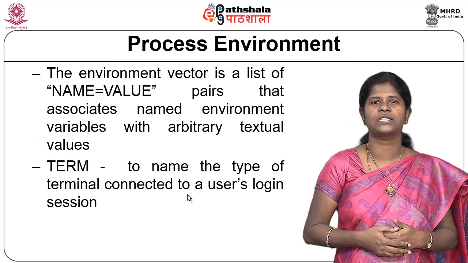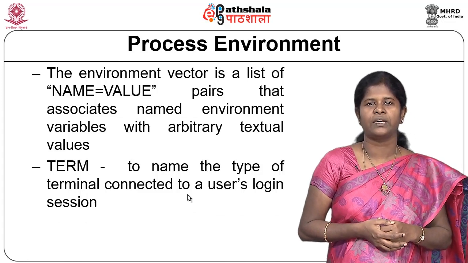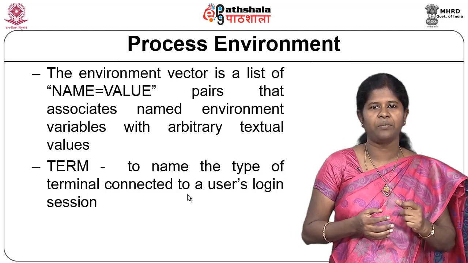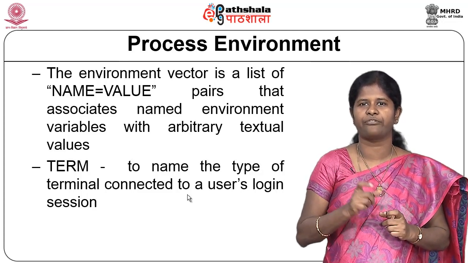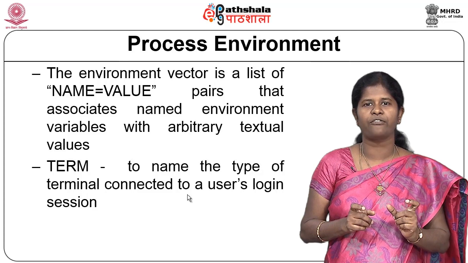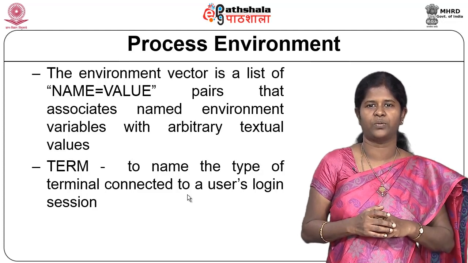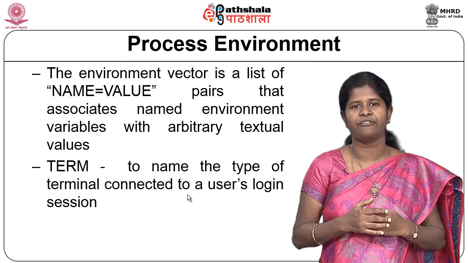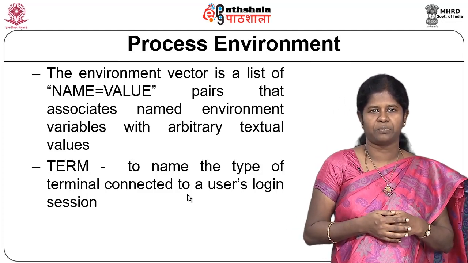And then we have this process environment. The environment vector is nothing but a list of name equal to value pairs. You have a list of pairs, each pair of the form name equal to value, and these pairs define the different environment variables.